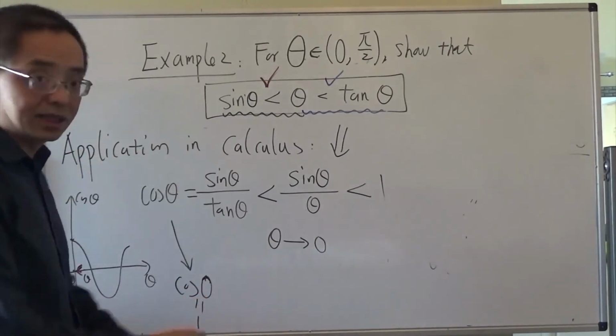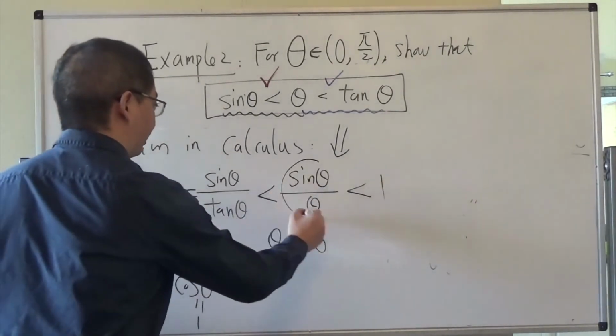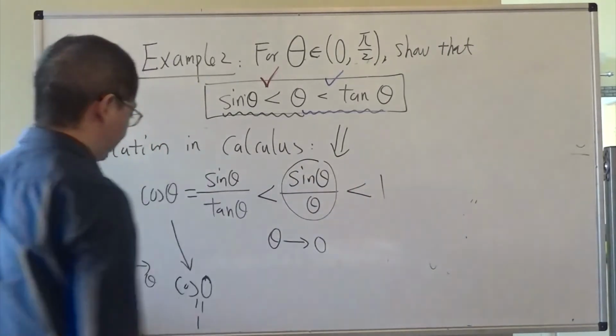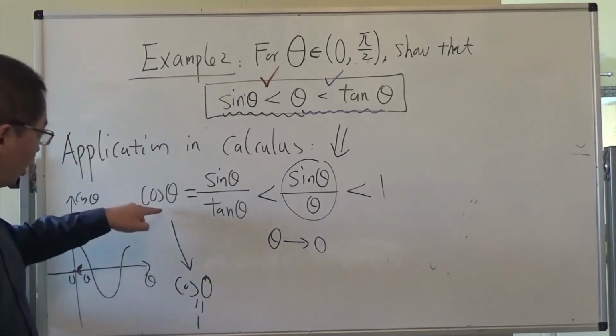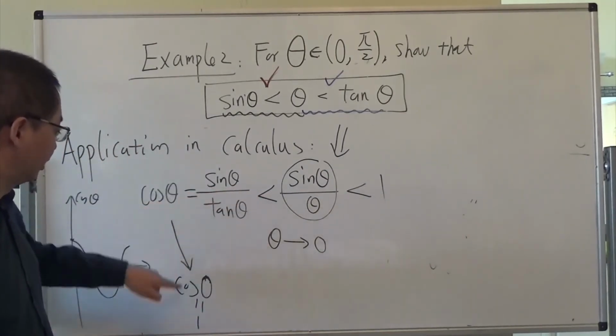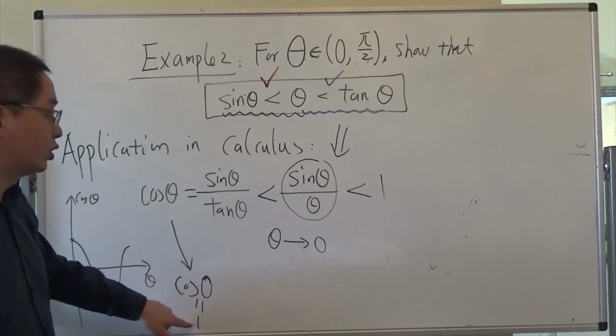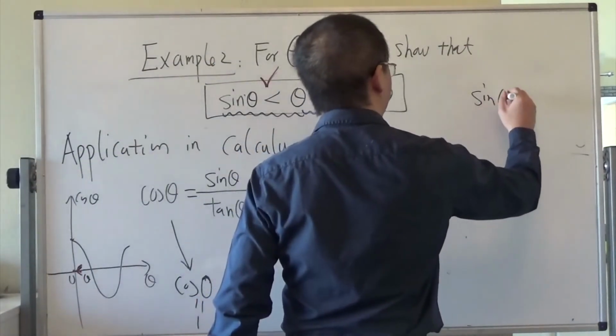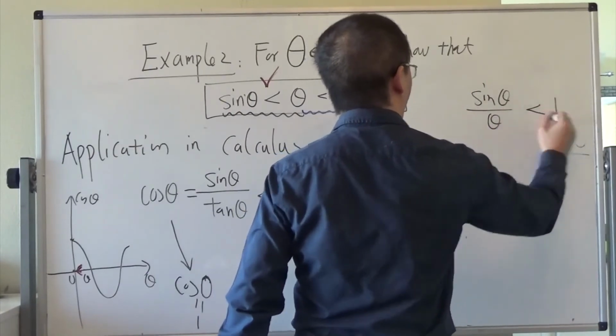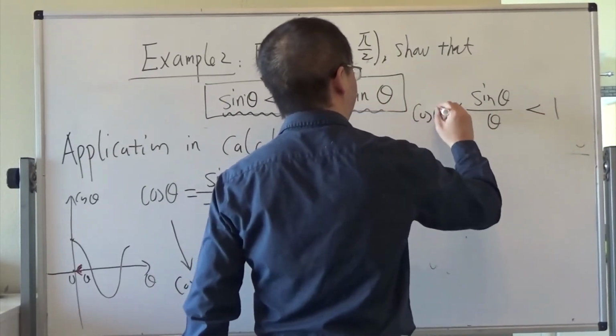So you see, this is like a sandwich. Sine theta over theta is always less than 1, but it is greater than cosine theta.